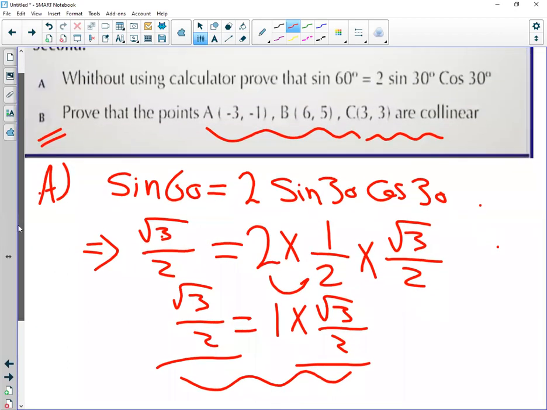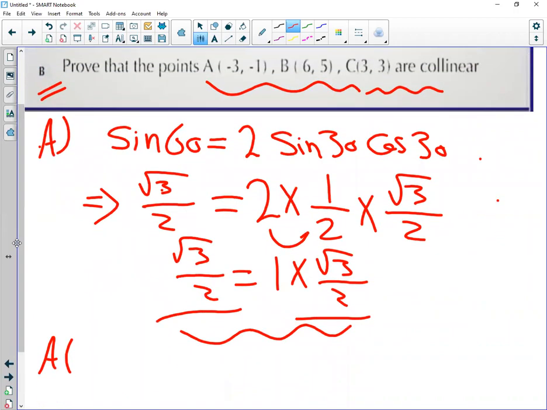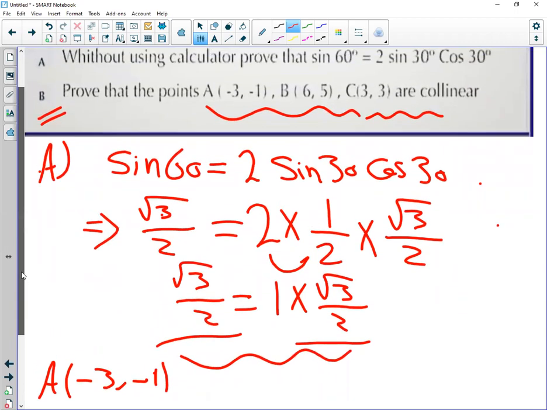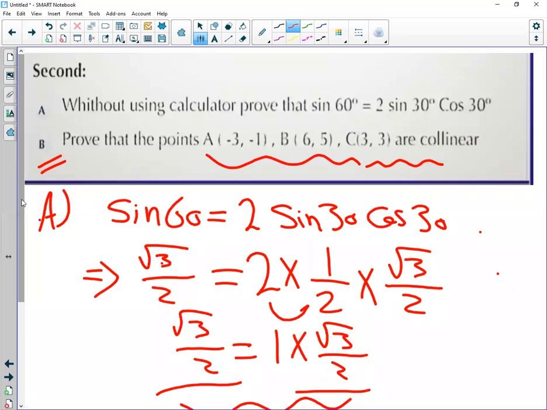To prove the 3 points A(-3, -1), B(6, 5), C is -3 and 3, or what? 3 and 3, sorry, 3 only and 3.